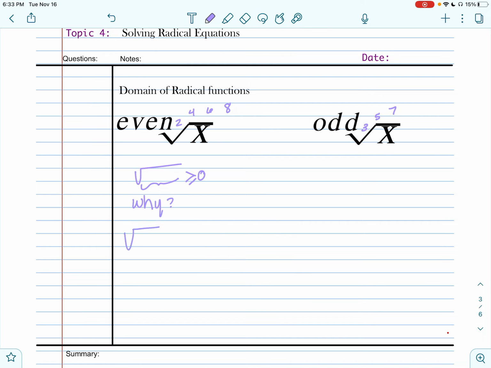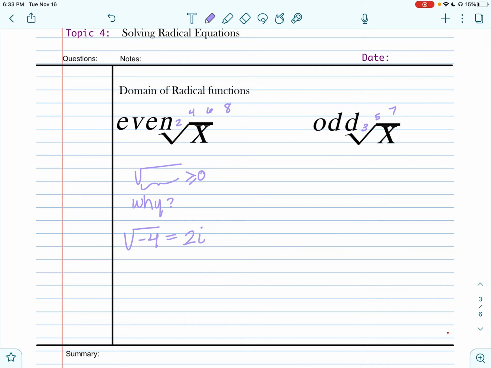Because if we remember when we were talking about stuff like this, we called the answer an imaginary number. And so as we're solving these, we only want real answers. So the domain, or the types of numbers that I can put in here, are anything that makes what's under the radicand, under that symbol, 0 or positive.